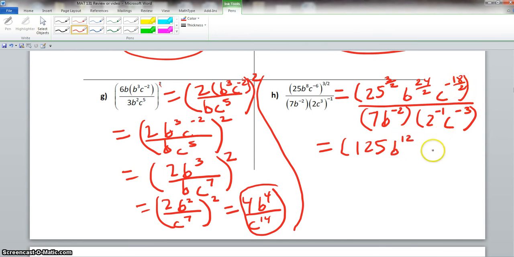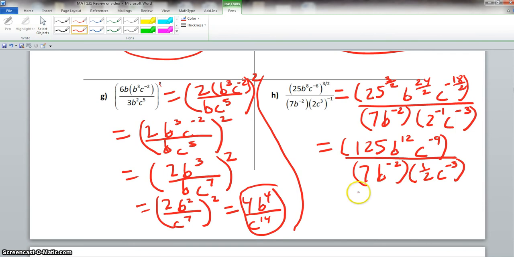And negative 18 over 2 is negative 9, so it would be c to the negative 9. In our denominator, we still will have our 7b to the negative 2. 2 to the negative 1 is 1/2. And c to the negative 3, we'll just leave it as c to the negative 3.